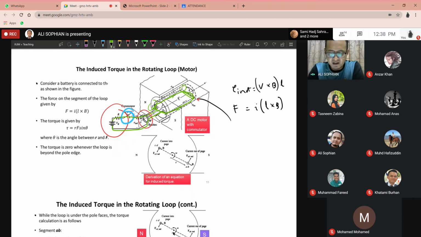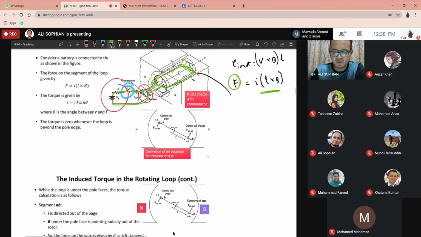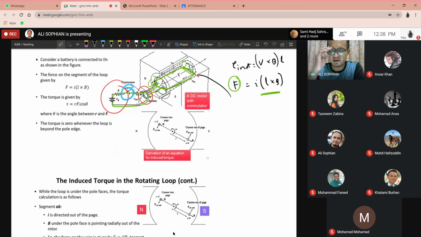This we'll need to consider when we derive the value of F later on. Watch out, because we have a vector operation here. You need to work out the directions of each of these variables, or vectors I, L, and B.